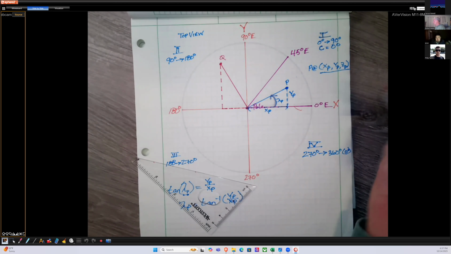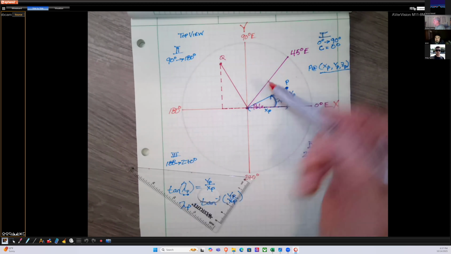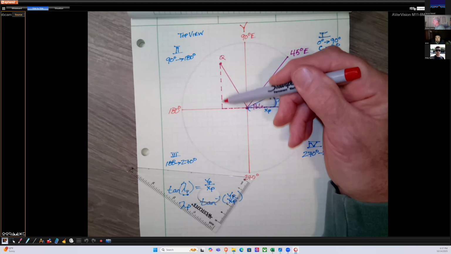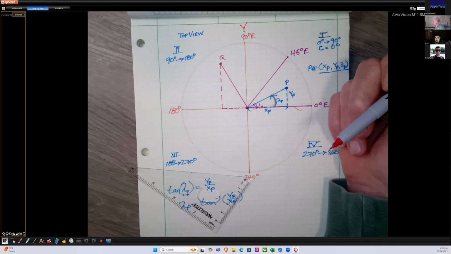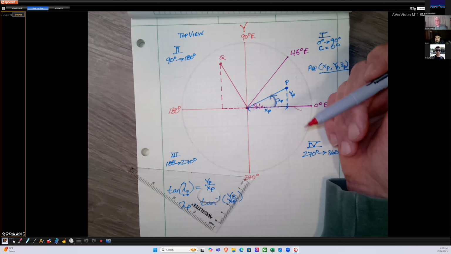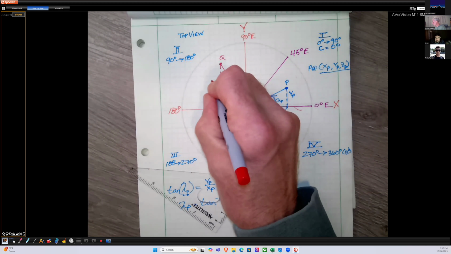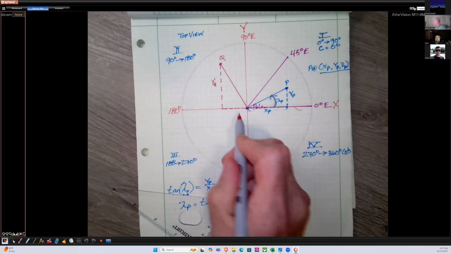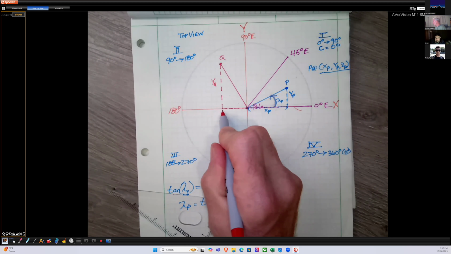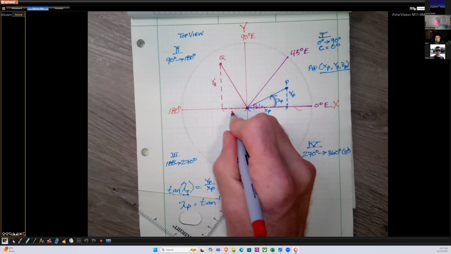So what is the distance? What is this value? What's the length of that dashed line going vertically? That'd be y sub q. And likewise, what would the dashed value be here? X sub q.